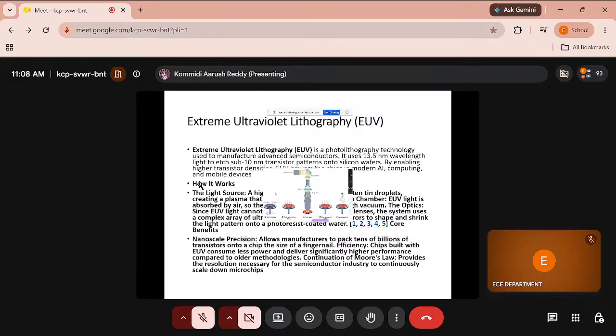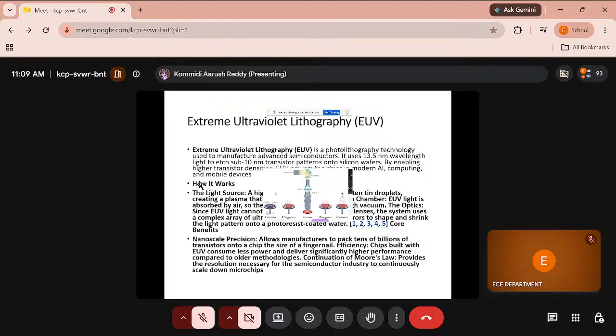Here, the light source is a high-powered laser pulsed at molten tin droplets, which creates a plasma that emits the UV light. The extreme ultraviolet light is absorbed by air, so the entire process requires a high vacuum.